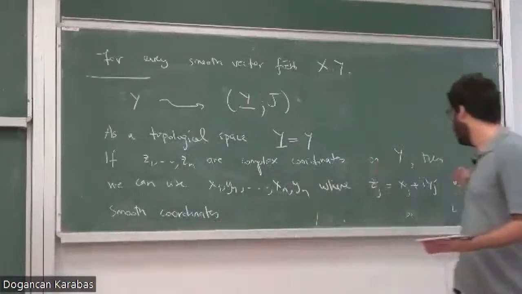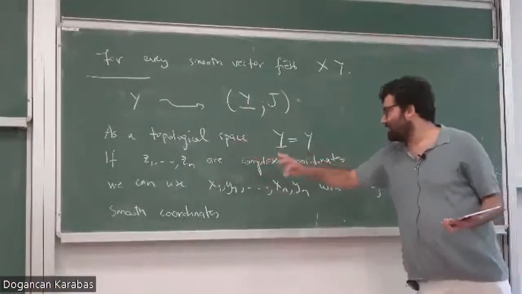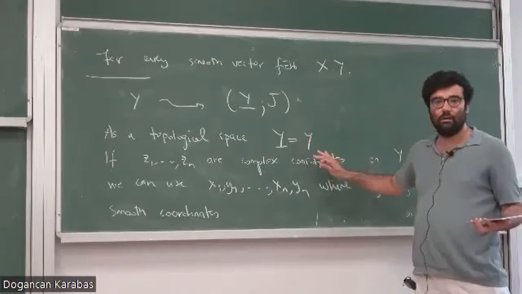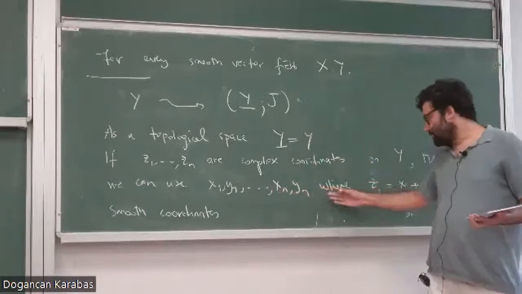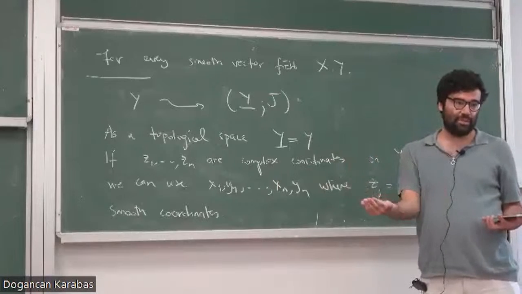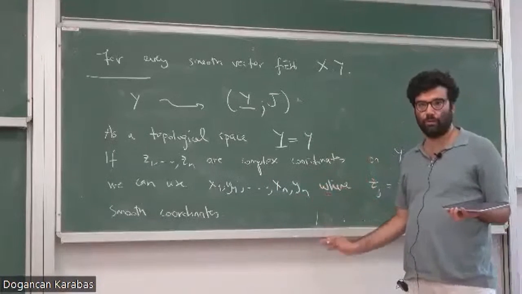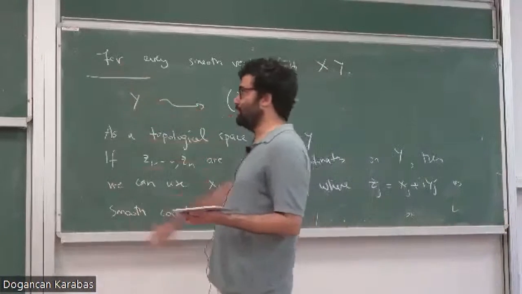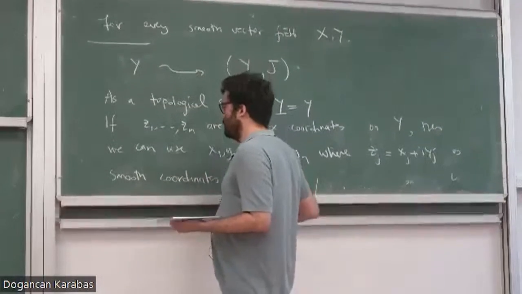These holomorphic coordinates are defined in some open subset of Y. And in that same open subset, I can introduce these smooth coordinates, and the corresponding transition maps will be smooth. So I get a smooth manifold.